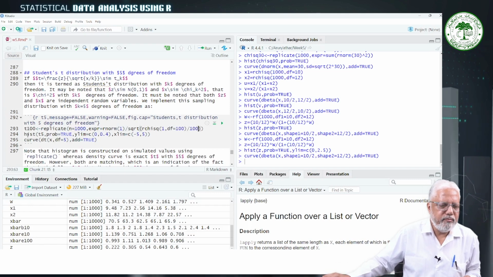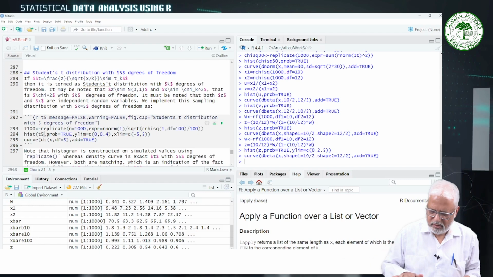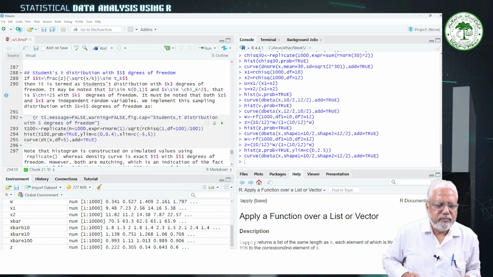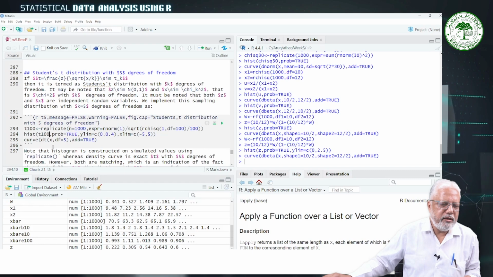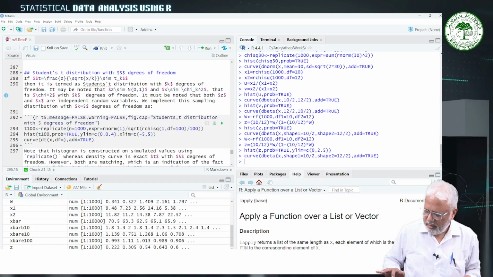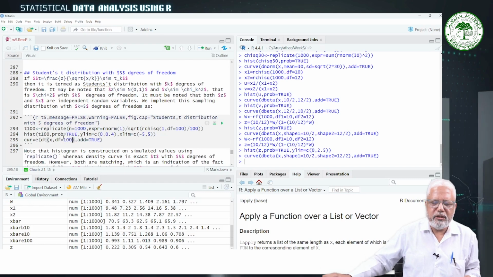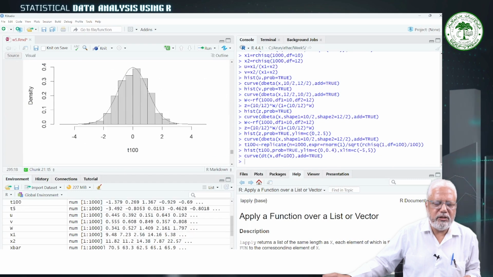Now prob, T100. Now we will add the degrees of freedom 100 here, and we can see what happens. We can make these modifications and see.